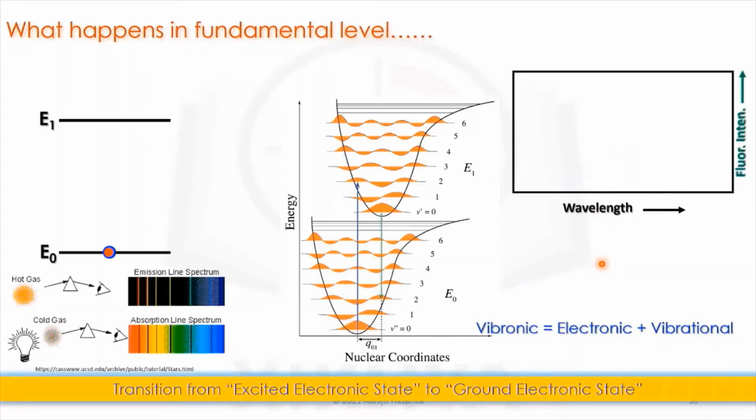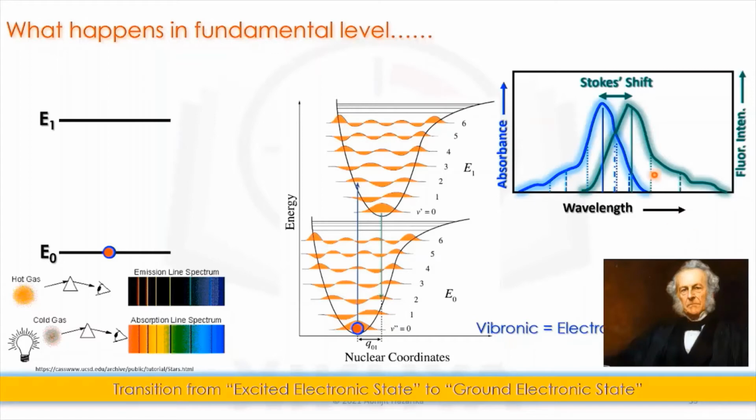Similarly, in the case of emission, you can have emission to different vibrational energy levels, and accordingly, if you combine all these transitions, you will have a broad emission spectrum. The difference between the absorption maximum and the emission maximum is called the Stokes shift, after the name of the physicist Sir George Gabriel Stokes.